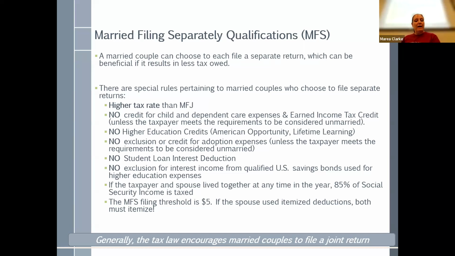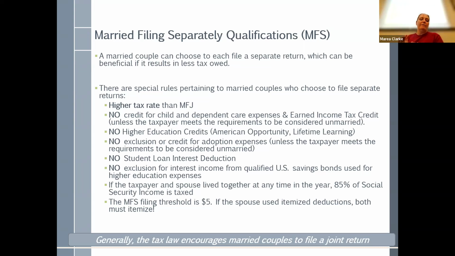Generally, it's going to be a higher tax rate. There are a lot of credits that you cannot claim, like child and dependent care credits, earned income tax credits, education credits, and so on and so forth. So often it's going to be better for them to file jointly, but they do not have to do that.